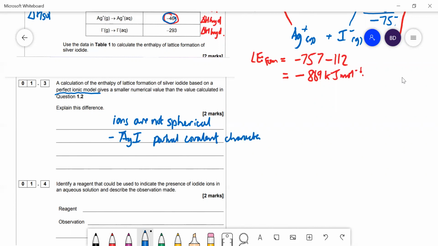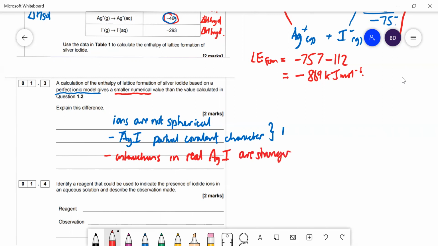Right, that's going to get you 1 mark for that. Then I think for the other mark, you have to say why is the theoretical smaller? It's not as exothermic as the real value. So you need to say that the interactions in the real solid are stronger than in the theoretical solid, i.e. with perfectly spherical ions.